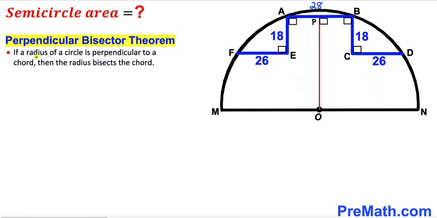According to this theorem, if a radius of a circle is perpendicular to a chord, then the radius bisects the chord. So this chord AB has been divided into two equal parts, AP and BP. We know this chord AB is 28 units, so AP is going to be 14, and likewise BP is going to be 14 units as well.